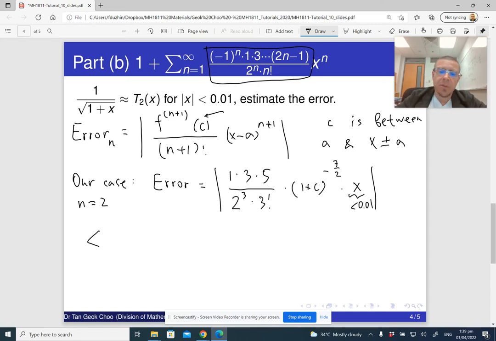So what remains is to figure out how to estimate this 1 plus c, and we know that c should be between 0 and x, right? In our case a is just 0, so c is between 0 and x.